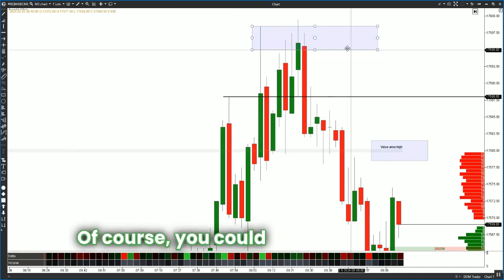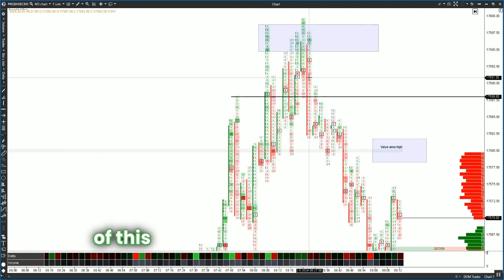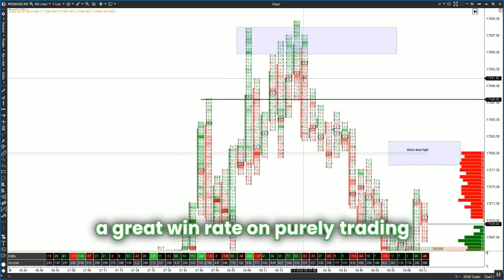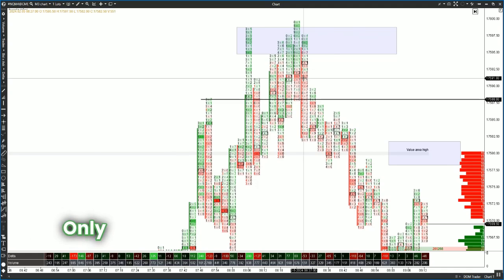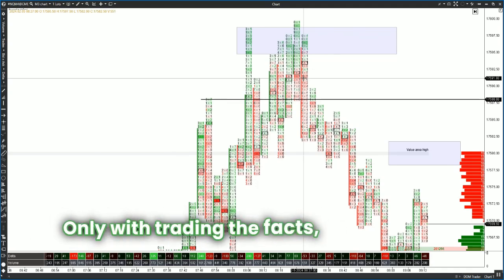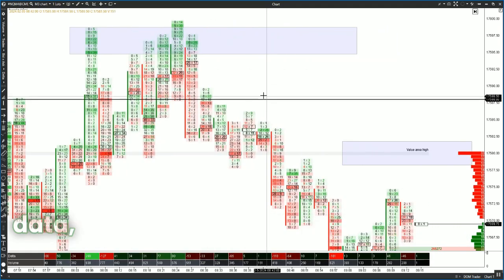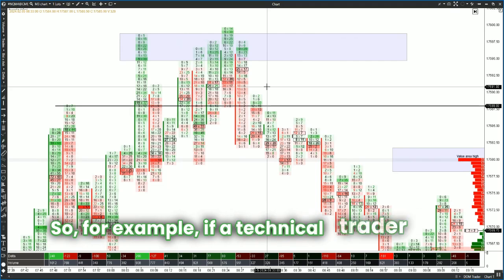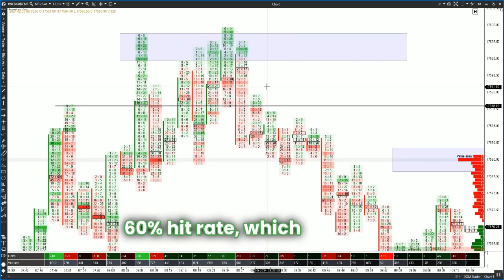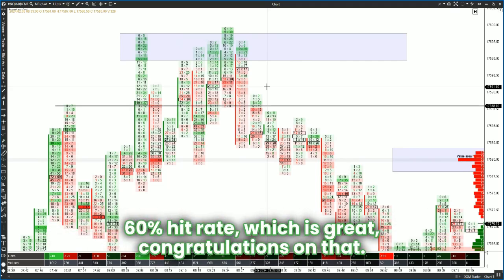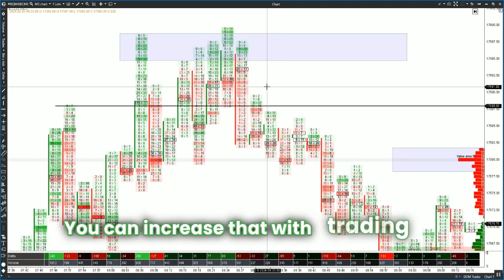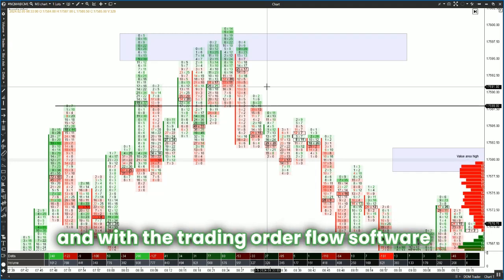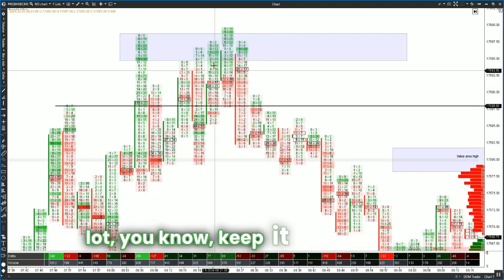Of course, you could take a nice trade of this, and you can have a great win rate on purely trading technicals. Only with trading the facts, the statistics, and the data, you can increase that hit rate even more. So for example, if a technical trader has a 50-60% hit rate, which is great, congratulations on that, you can increase that a lot with trading order flow and with order flow software. Keep it in mind.